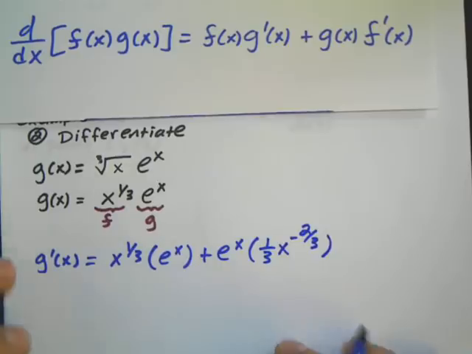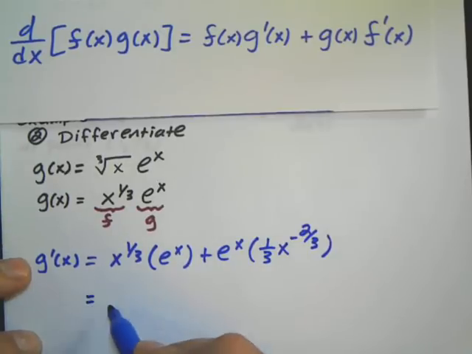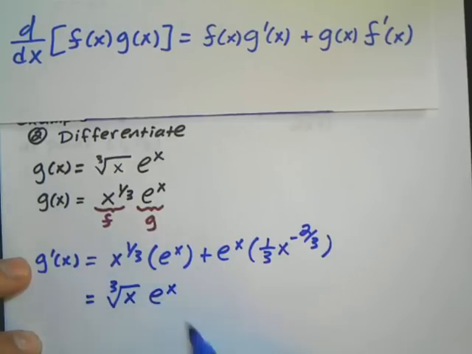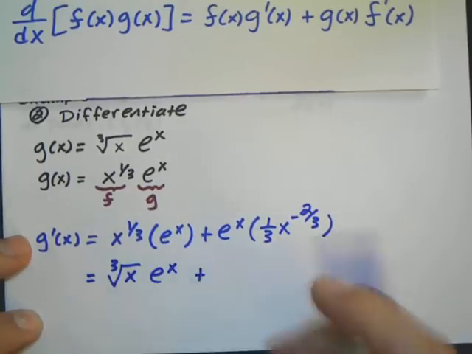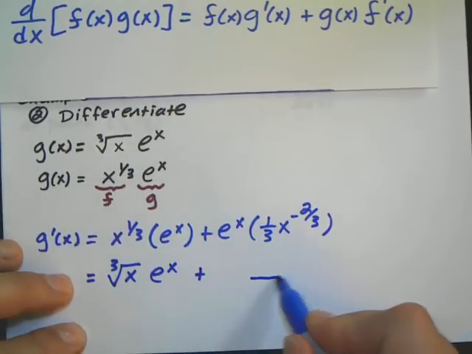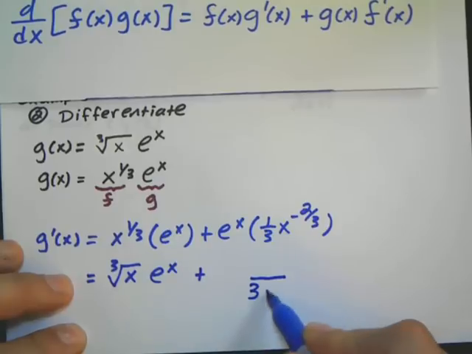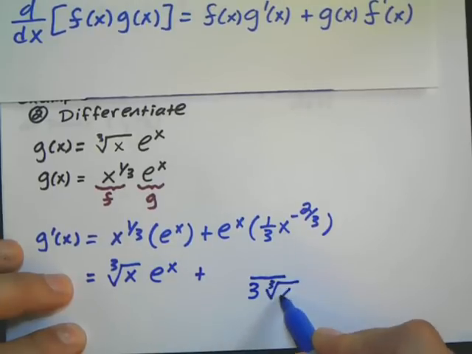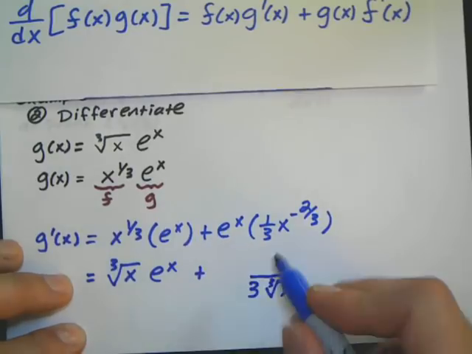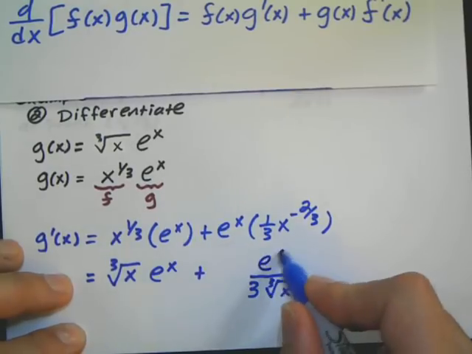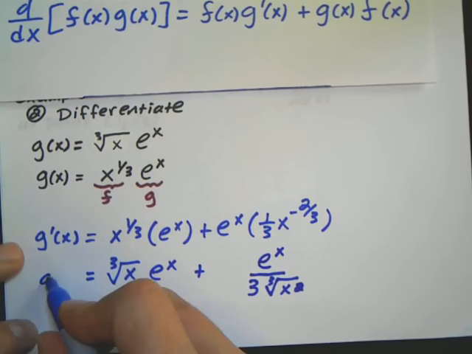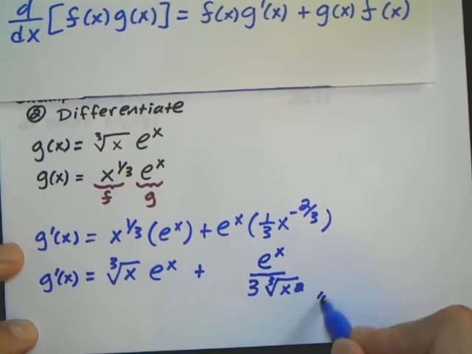And now I can simplify this a bit. This is going to be the cube root of x times e to the x plus a fraction. It's going to be 3 in the denominator, the cube root of x squared, and the e is going to be on top, so it's going to be e to the x. Plus all of this, and this is what your derivative is.